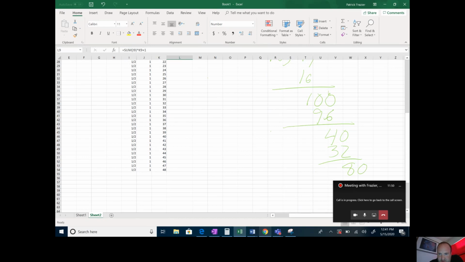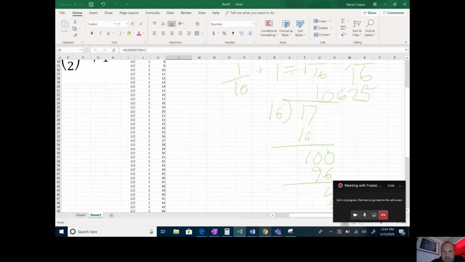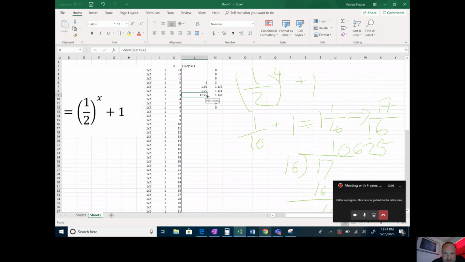When we carry down the 0, we just said that 16 times 5 is 80. So 1 and 1/16 would be 1.0625. And let's carry it down. And again, it's rounding, so we got to play with this guy over here.